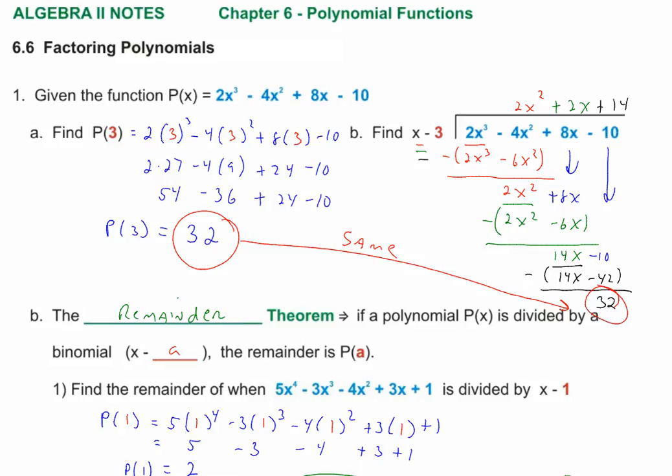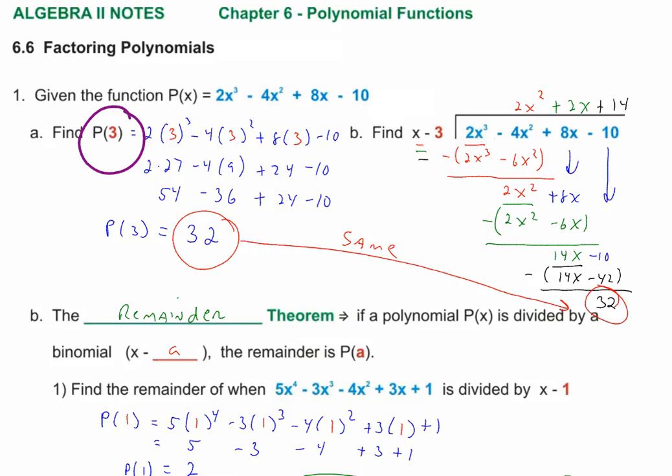Okay, so we started on Tuesday with factoring polynomials, right? And the concept of factoring polynomials, and we talked about long division. But what we did here first off was I gave you this analogy.